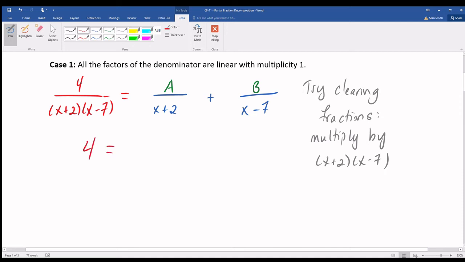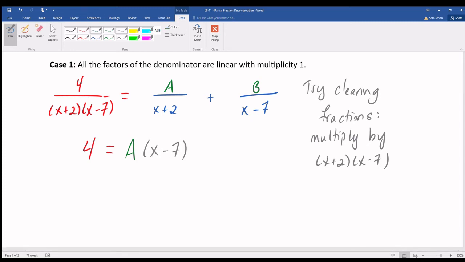If you multiply a over x plus 2 by x plus 2, x minus 7, then a will remain, the x plus 2's will cancel each other out, and x minus 7 will be left in the numerator.